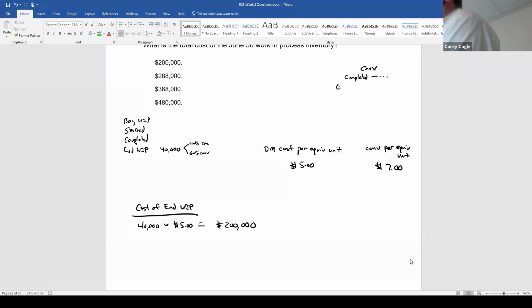But we do know what our ending work in process conversion units would have been, right? 40,000 times 60%. 24,000 equivalent units there. That's what we'll multiply by down here.